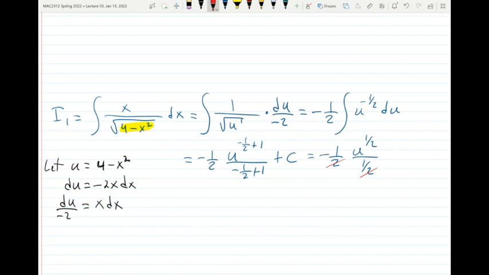So they cancel each other out. So we end up with negative square root of, and I'm going to put back x, so u equals 4 minus x squared, plus c. So this is what the first integral is equal to. You okay with this? Mm-hmm. That's the first integral.